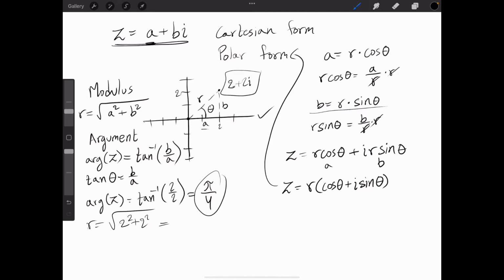That would just be the square root of 8, because 4 plus 4 is 8, which is 2 times the square root of 2. So this is the r, or the modulus, and we know the argument, which is pi over 4. We just substitute those in. Z is equal to 2 root 2 times cosine of pi over 4 plus I times sine of pi over 4.